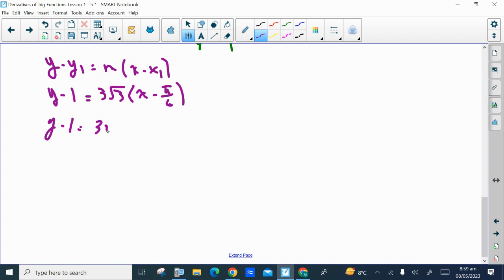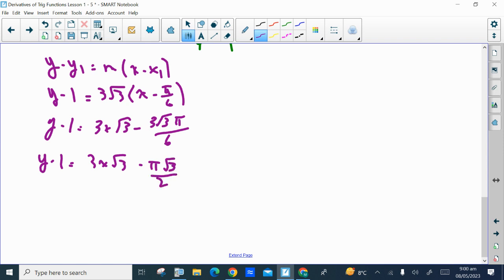So you're going to get 3x root 3 minus, when you multiply 3 root 3 times pi over 6, you'll get 3 root 3 pi over 6. So y minus 1 will equal 3x root 3 minus pi times root 3 over 2.